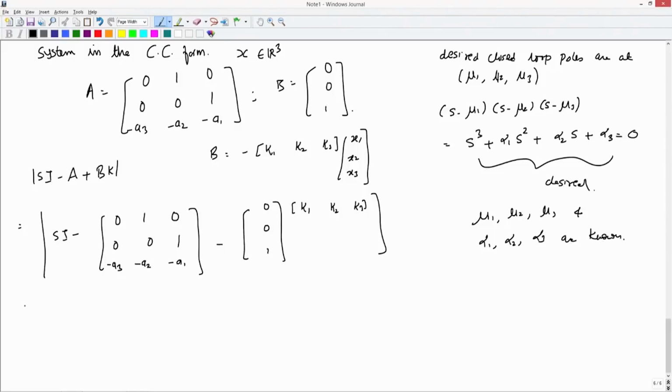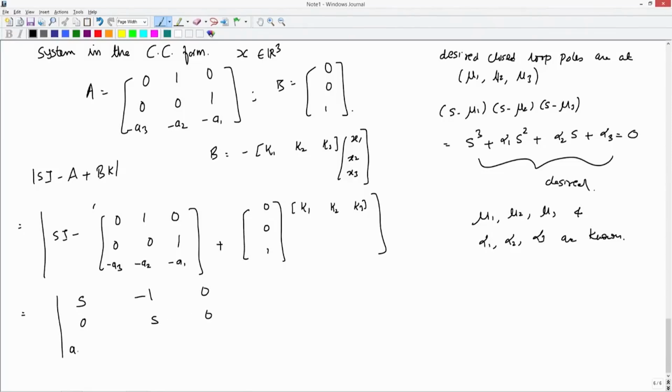Okay. So, if I just write this down, I will write it completely in the matrix form. So, this matrix would be like this. I have an s here. Actually this should be plus, because I am looking at sI minus A plus Bk, so this minus and minus will cancel out. So, I have s, minus 1, 0, 0, s and minus 1.